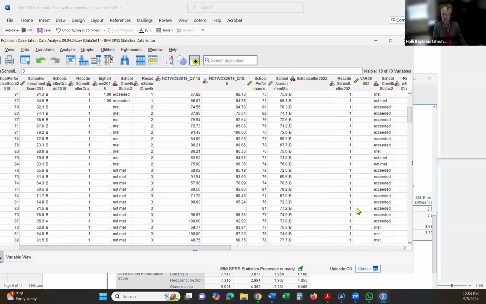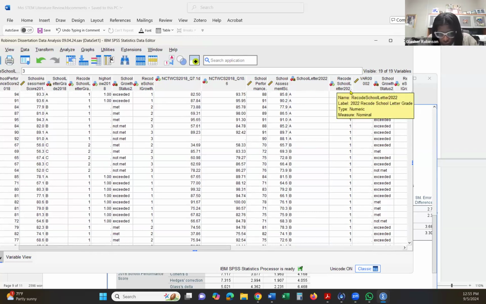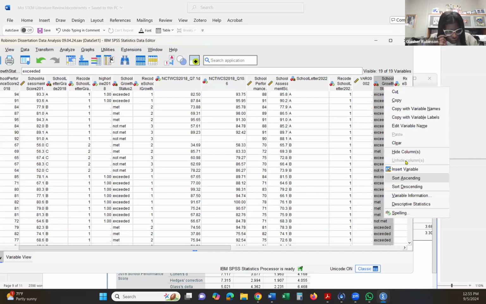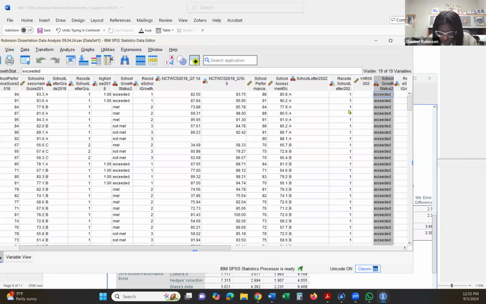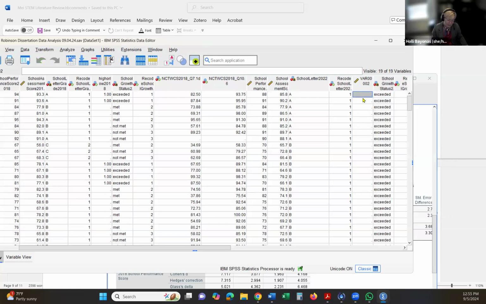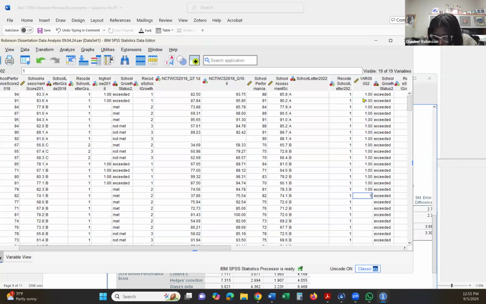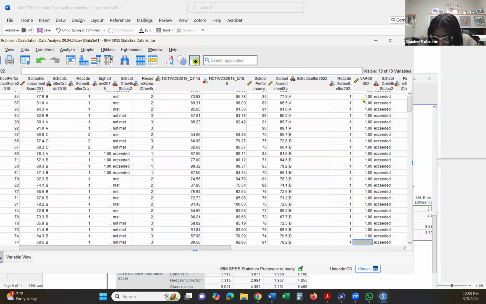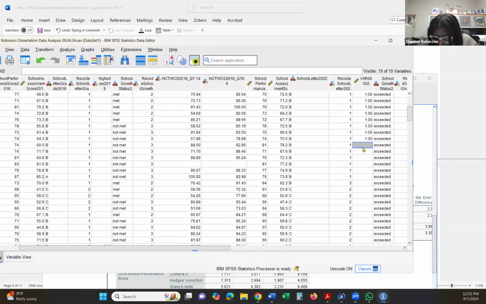Threes. Okay, our recode. So I do see for NC 27, one instead of a two. One and exceeded, right? A or B and exceeded. So that's still one. Exceeded.